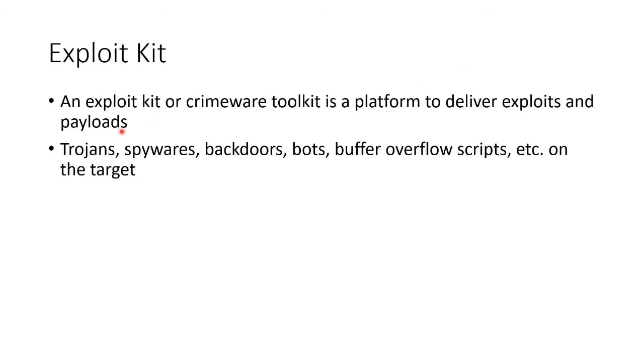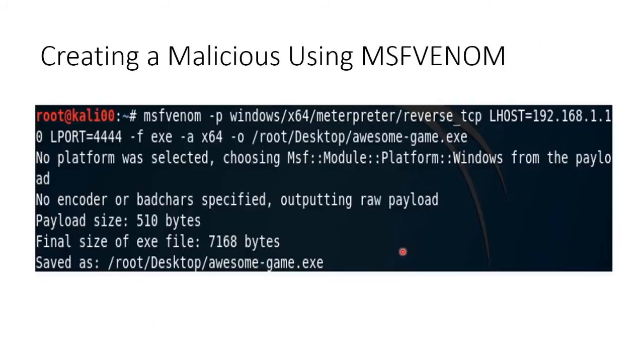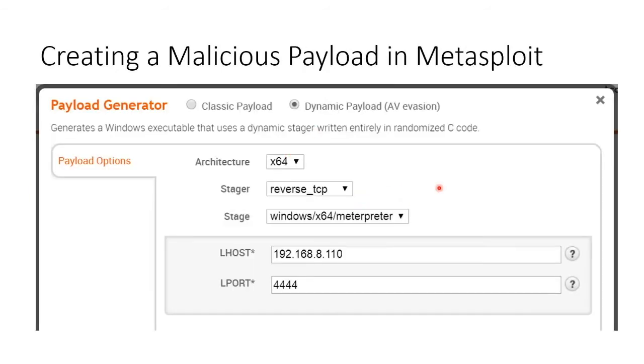So an exploit kit is a toolkit that we can use to create exploits and payloads, including Trojans, spyware, backdoors, bots, buffer overflows, etc., on a target. Metasploit is the classic example of an exploit kit. So here's an example of creating a malicious payload using Metasploit Pro, which is the paid professional version of Metasploit. So instead of doing the command line version here with MSF Venom, we are using the nice GUI version.